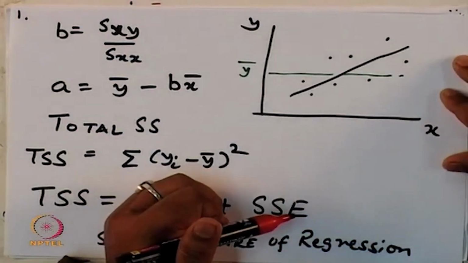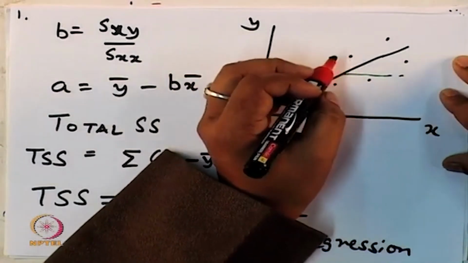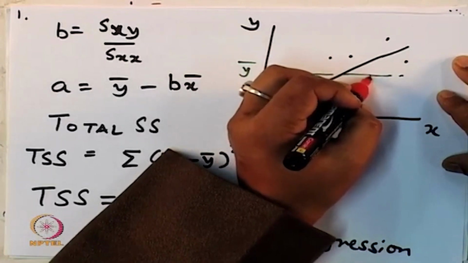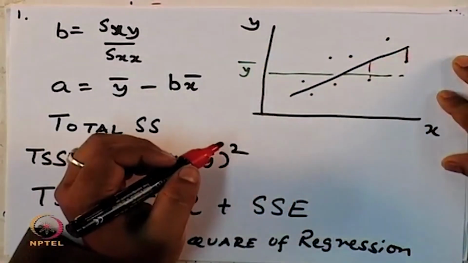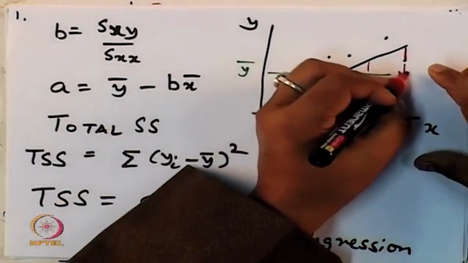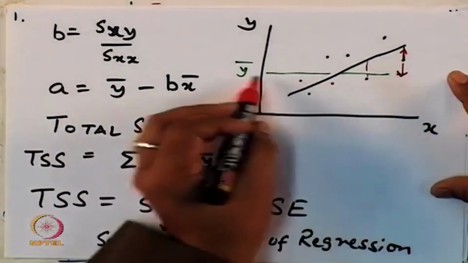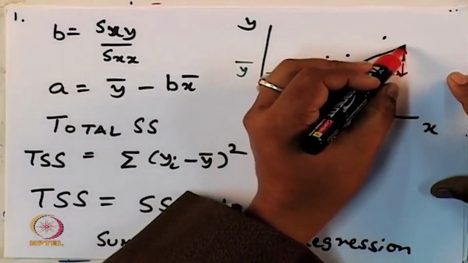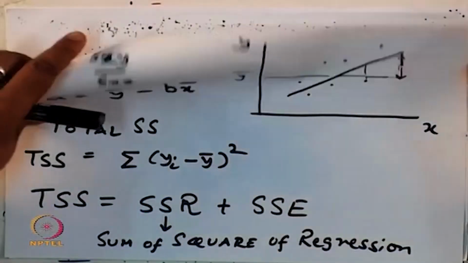The sum of square of regression is essentially this component, this deviation. If the linear relationship did not exist, imagine all your data points were along the horizontal line. Then, how much the fitted line deviates from this base is your sum of squares of regression. So, how will I write down the expression for sum of squares of regression?